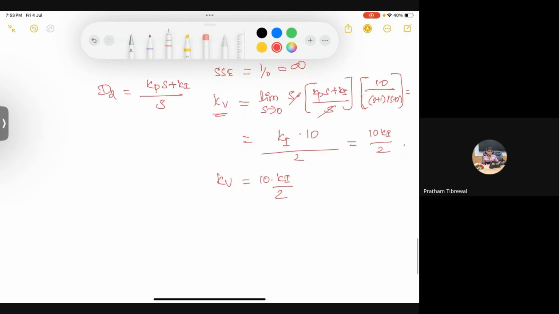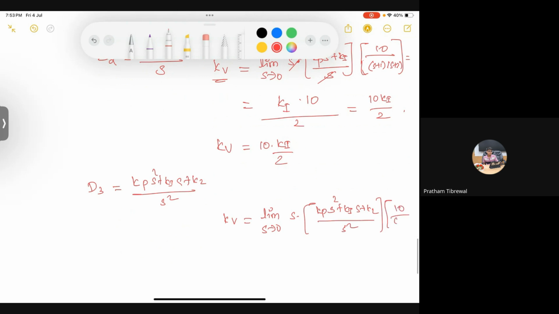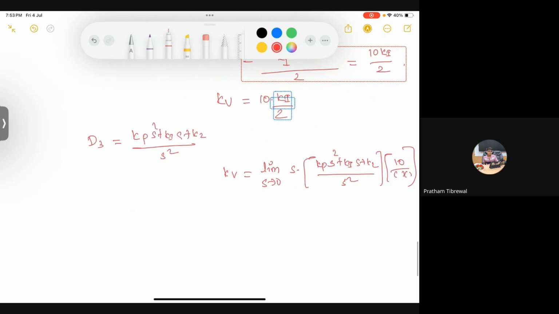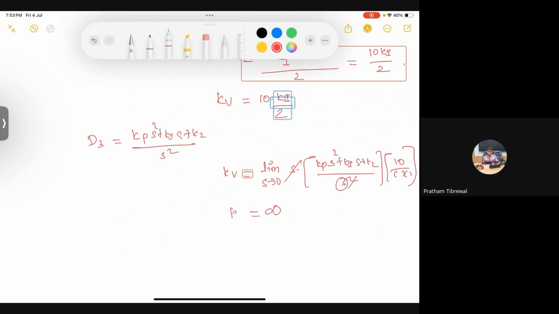Now we will try the third option, Kp s squared plus Ki s plus K2, divided by s squared. So this Kv becomes limit s tends to 0, s into (Kp s squared plus Ki s plus K2) divided by s squared into 10 into something. Here, if I take out one s and one s, there is an s here, so the overall Kv will be infinity.